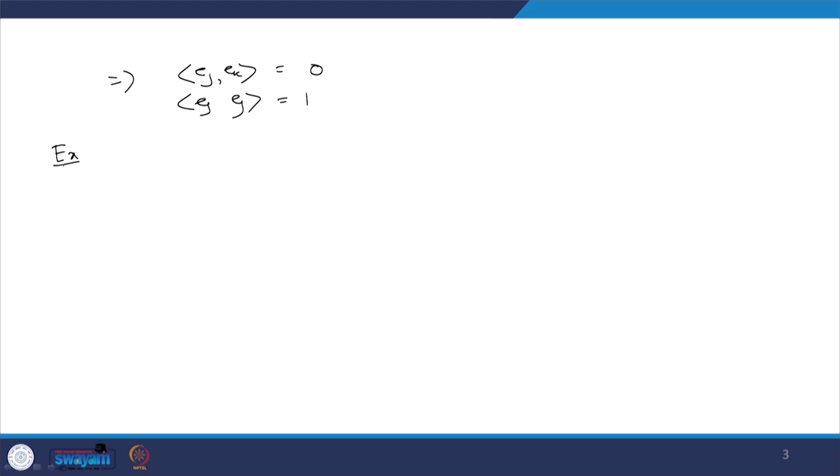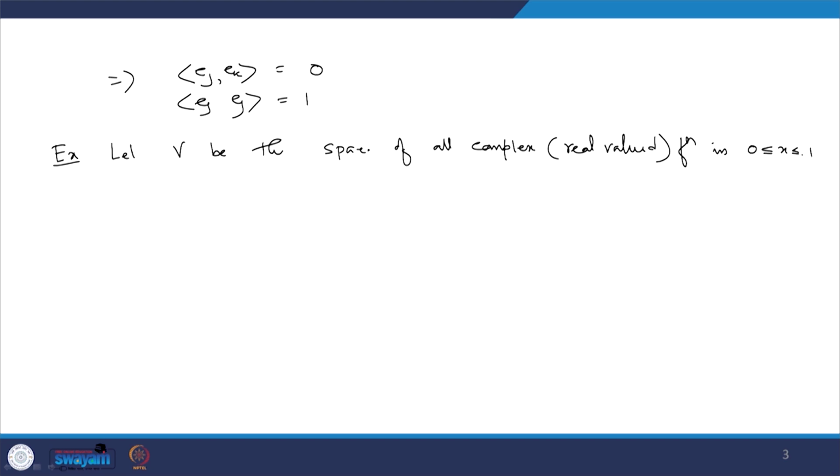Similarly, let me consider a vector space. Let V be the space of all complex or real valued functions in the closed interval [0, 1] which are also continuous.